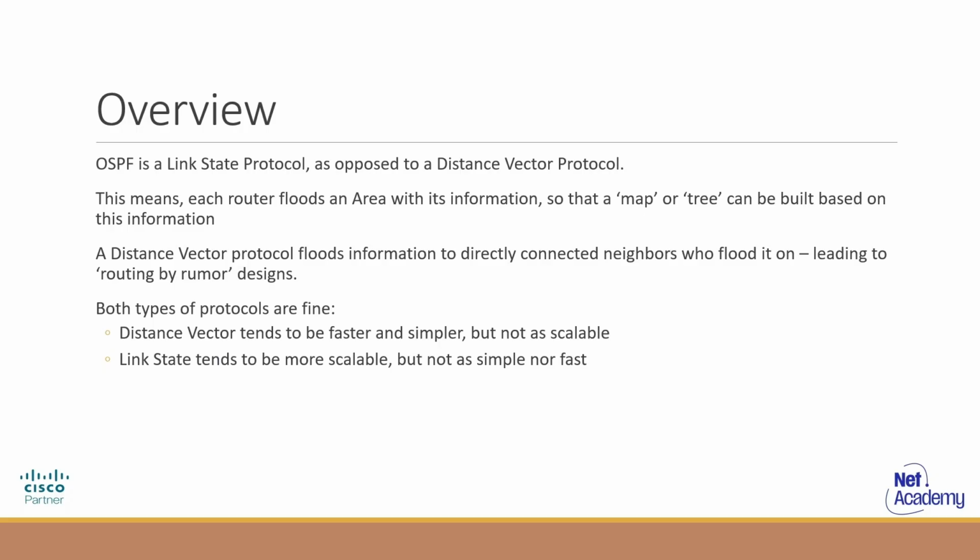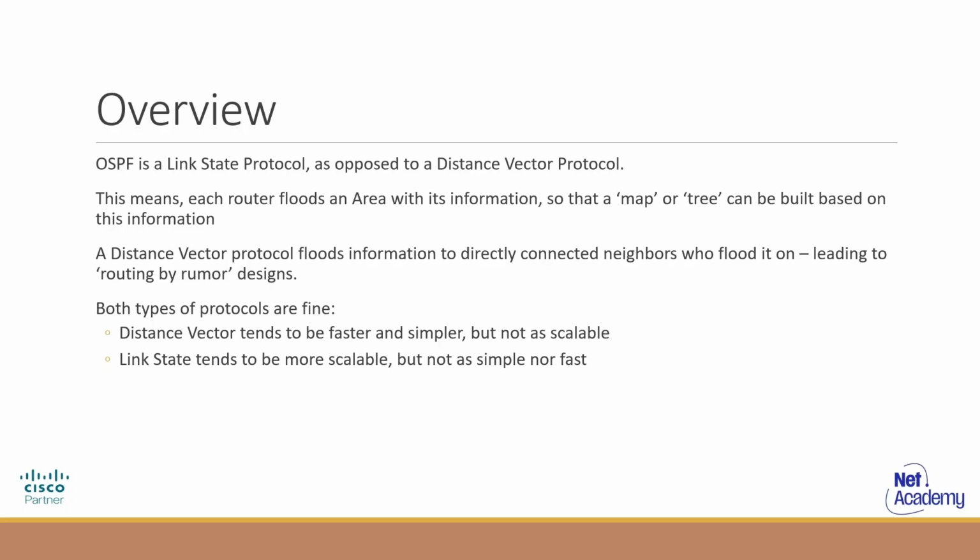This is opposed to a distance vector protocol, which still floods information, but instead of flooding an area, it floods to every directly connected neighbor, who then floods that onto its directly connected neighbor. This leads to what we call routing by rumor design, right?